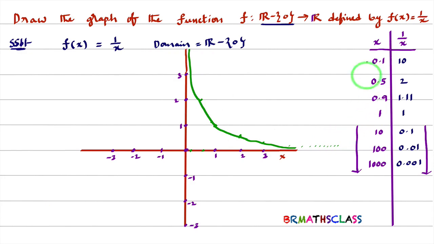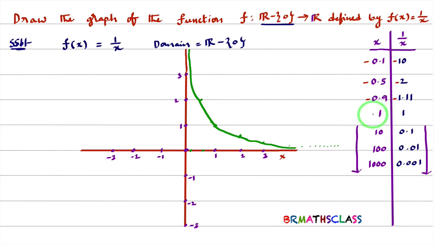If I take negative x values, if I take minus 0.1, see here, when x is negative, 1 by x is also negative. This will be minus 10. When x value is minus 0.1, 1 by x value will be minus 10. When x value is minus 0.9, 1 by x value is minus 1.1.